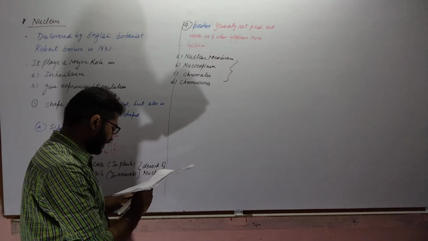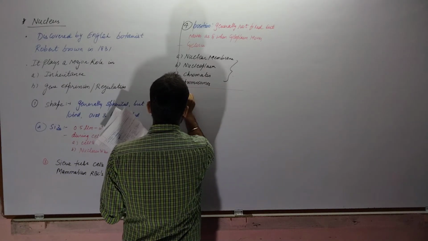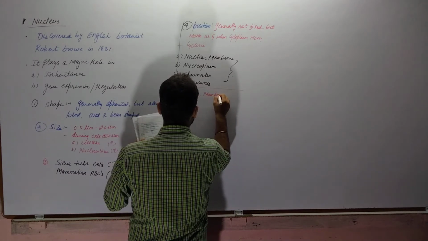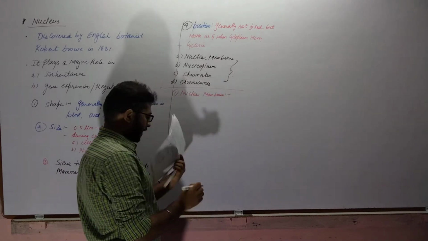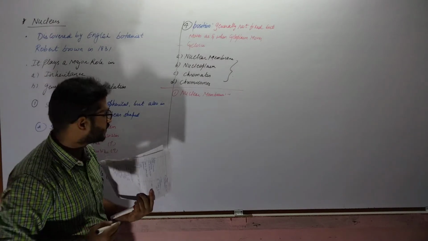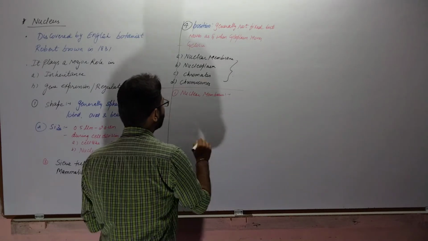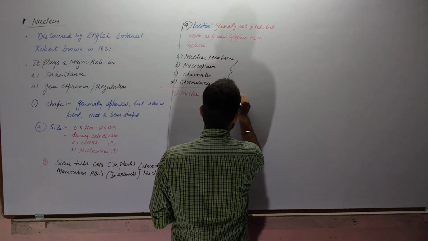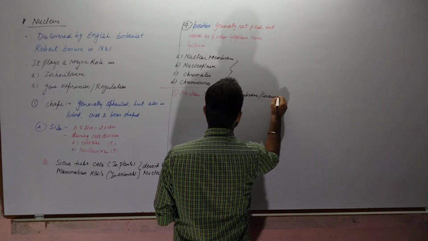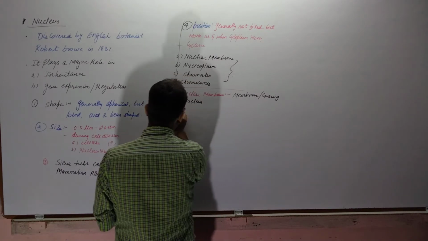So first of all, nuclear membrane we will discuss. Basically the entire nucleus is covered by two membranous structures. They are called nuclear membrane or nuclear envelope.